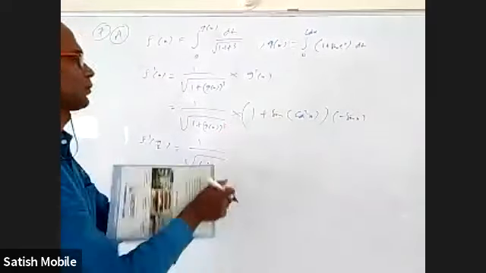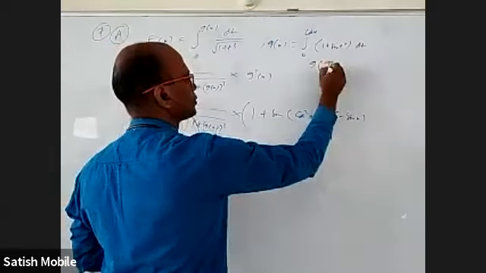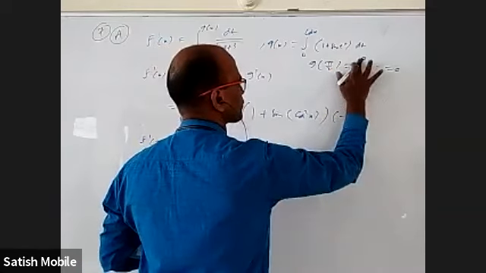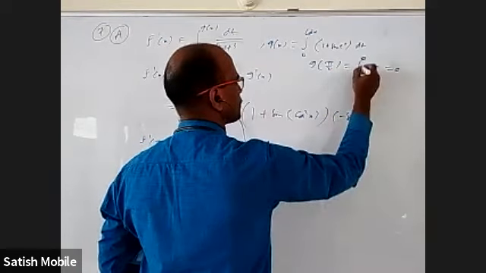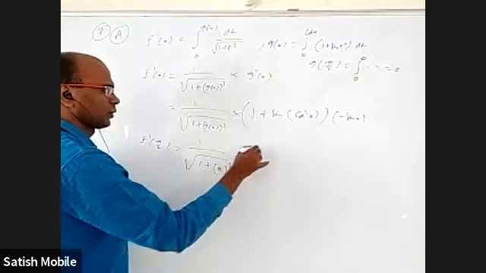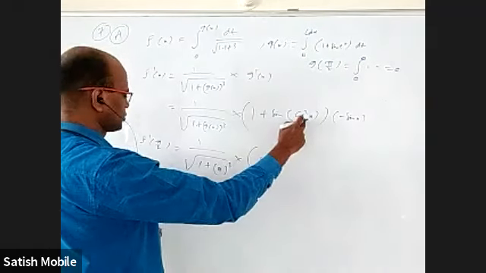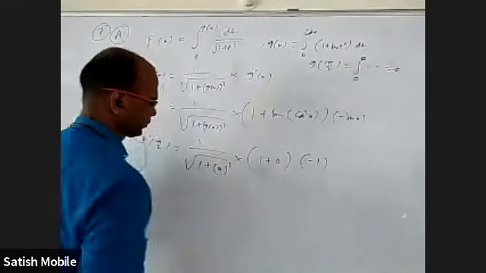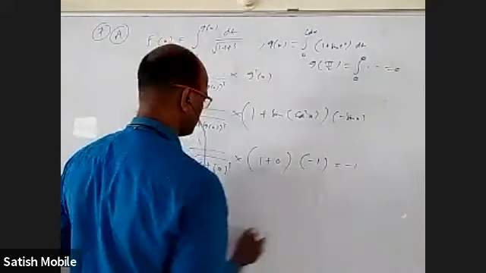G of pi by 2 is integral 0 to 0, so it's a 0. So this is 0 whole cube. This is cos 90 is 0, so sin 0 is 0 and minus 1. So that's it, the answer is minus 1 total.